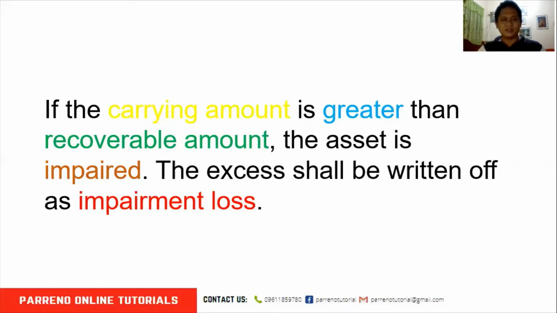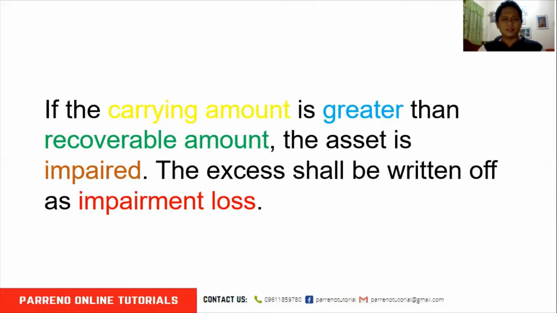The excess shall be written off as impairment loss. In other words, if the recoverable amount is lesser than its book value, the asset is said to be impaired.